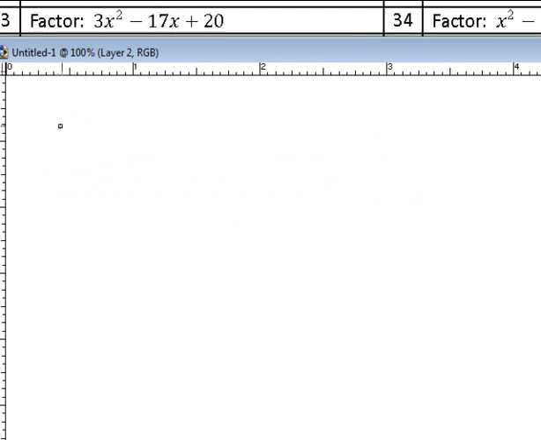Number 33 is a quadratic. So let's put down our 2 sets of parentheses. Now, 2 things that multiply to 3x squared, that would be 3x and x. Notice c is positive, so our signs here and here are the same.